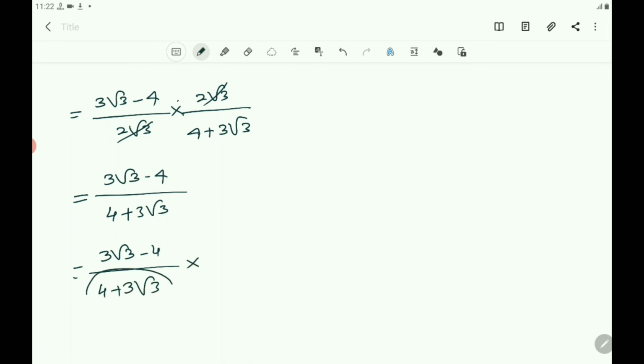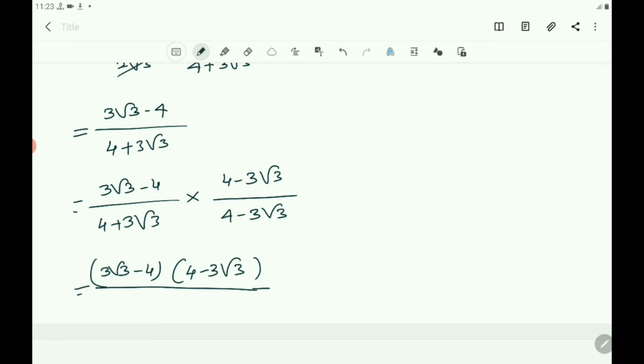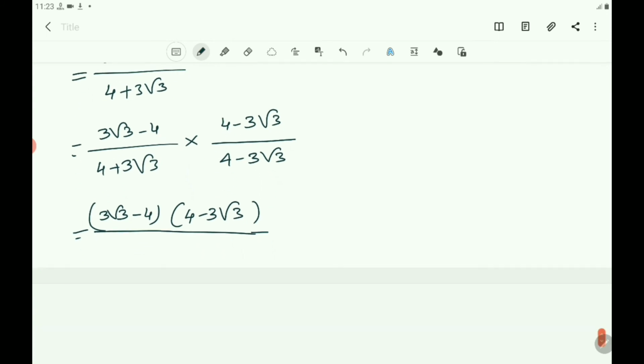The rationalizing factor of 4 plus 3 root 3 is 4 minus 3 root 3. You can keep this as it is, or otherwise you can simplify. So you get 3 root 3 minus 4 into 4 minus 3 root 3 in the numerator, and in the denominator it is a plus b into a minus b.